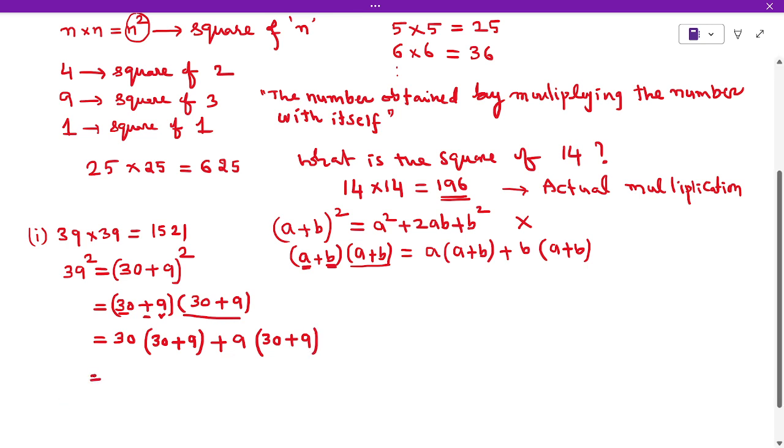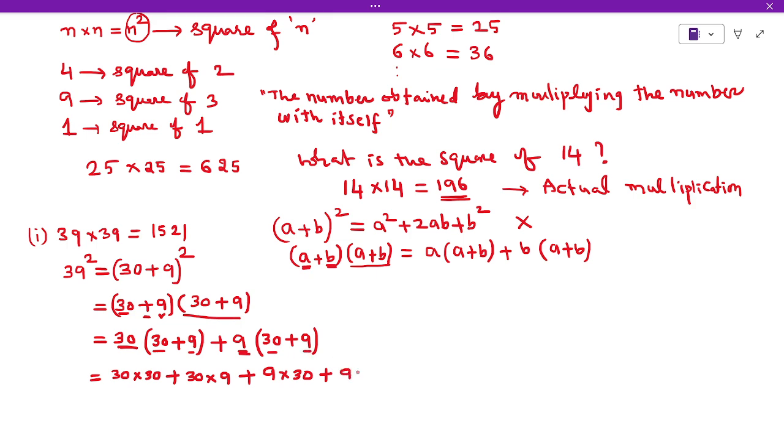Now it is very simple, right? You open the bracket. When you open the bracket, this 30 into 30, plus 30 into 9, and then the second one, 9 into 30, plus 9 into 9.